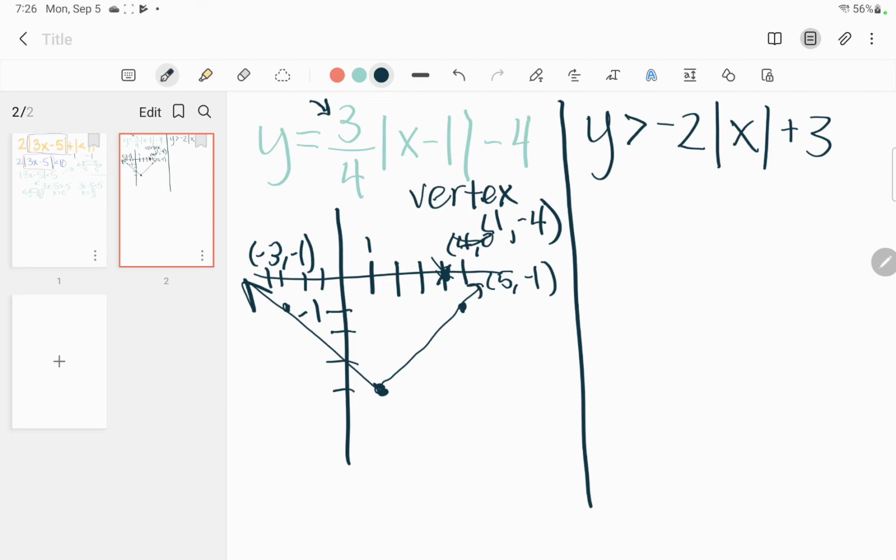What I'm going to graph over here is an inequality, so not a function at all. This is going to involve shading. Noting right here, this is telling me I have that dashed line. This does have a vertical shift up, so I'll shift this up. My vertex is at 0, 3.